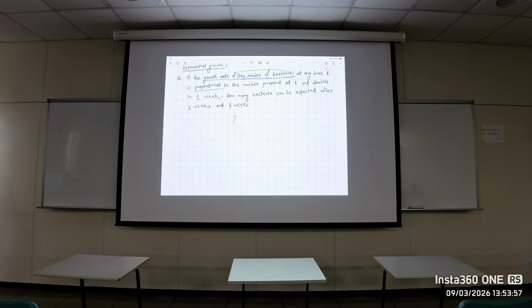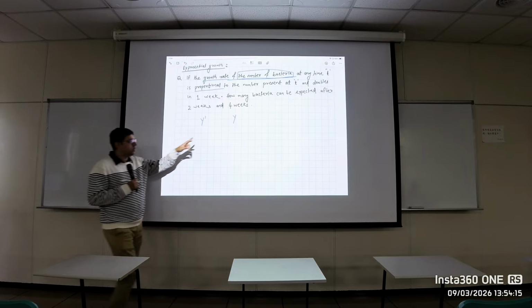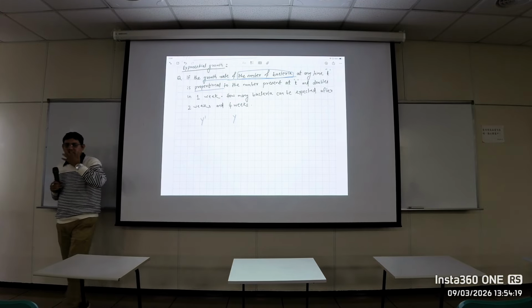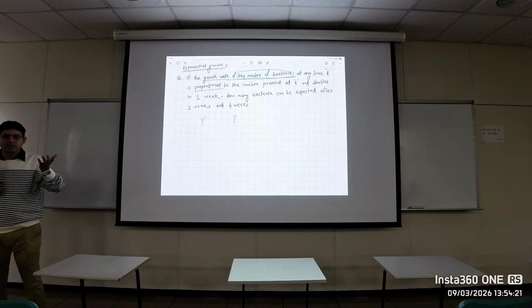And what is meant by growth rate? The change in the number of bacteria, right? So if I write that one as y dash, is this okay? If y is the number of bacteria and y dash is the change in the number of bacteria, the growth rate, y dash.